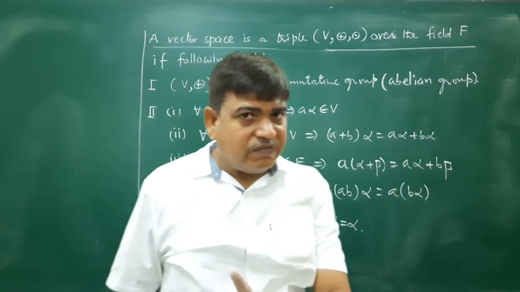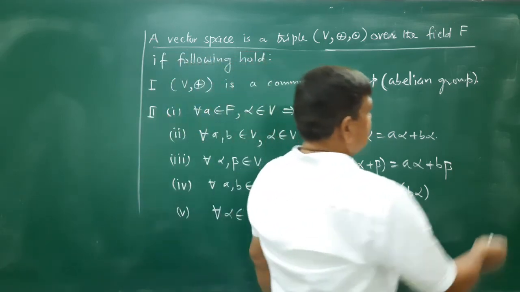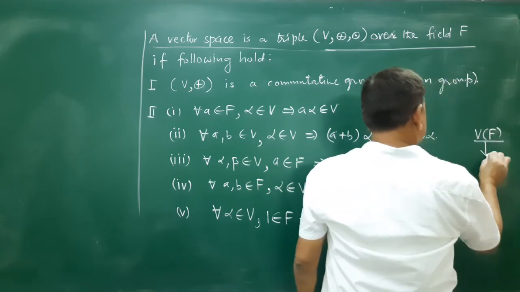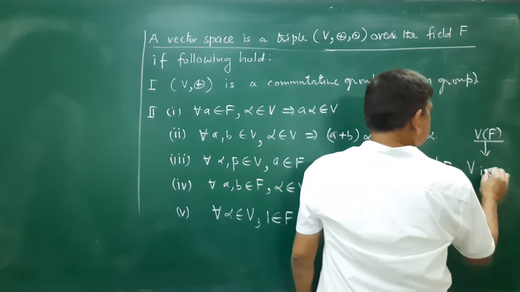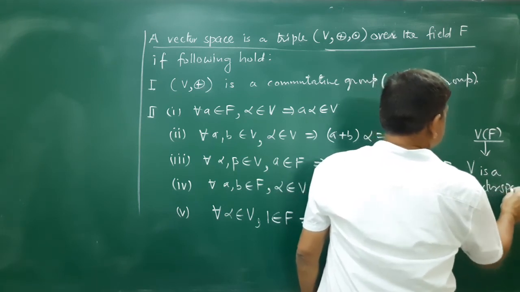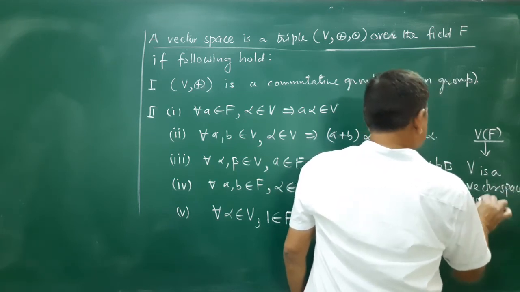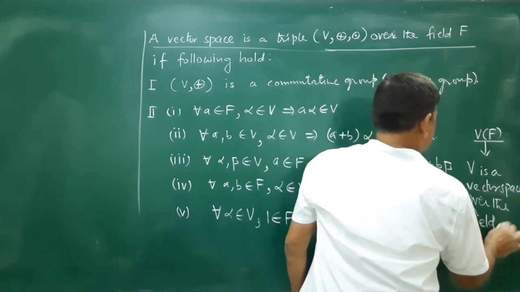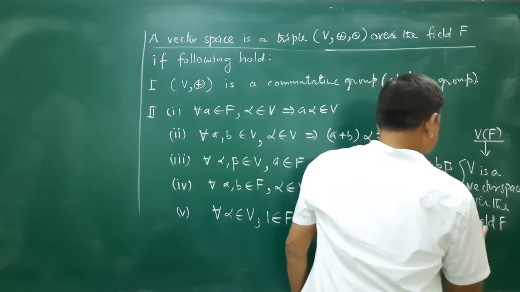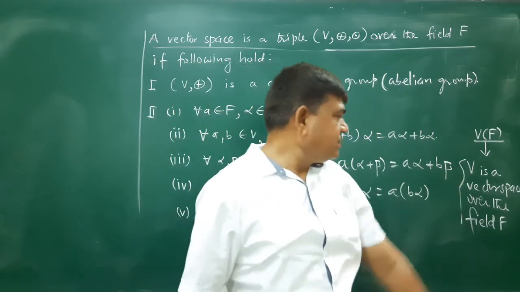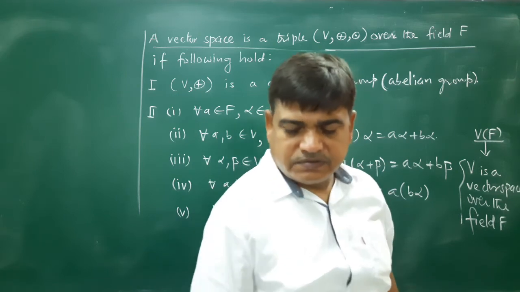V is a vector space over F is denoted by this symbol. V is a vector space over the field F.